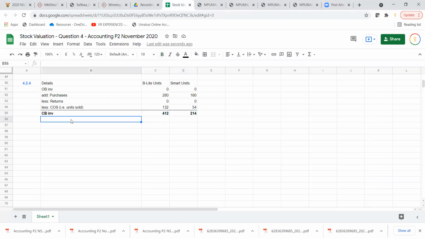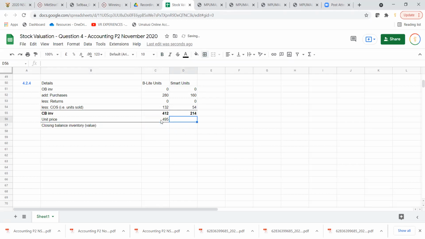Okay, unit price. And then we would go to, and this would be closing balance inventory, the value. Okay, so for B light, 495.